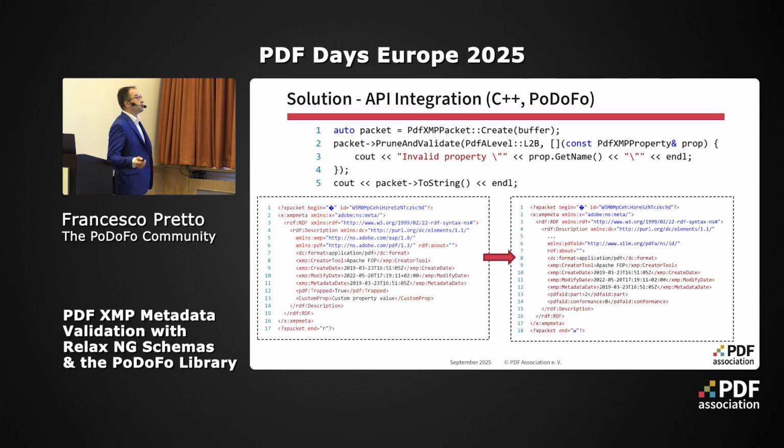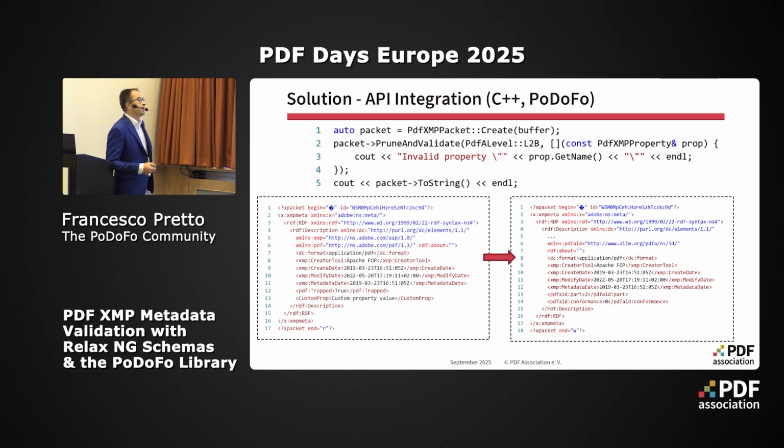So the final solution in the PoDoFo library, of course, is just: clean your packet with a prune and validate method, and specify your desired PDF level compliance.